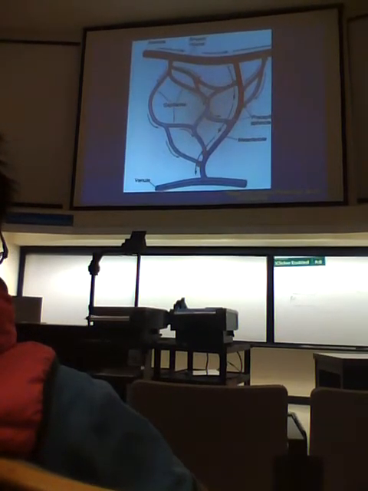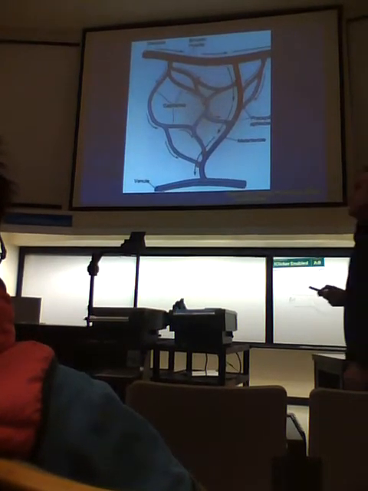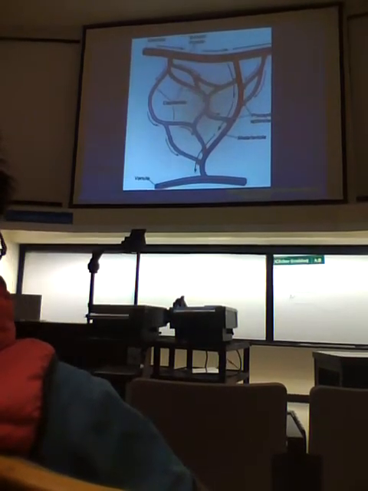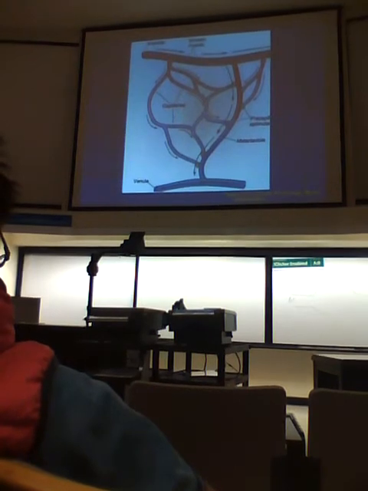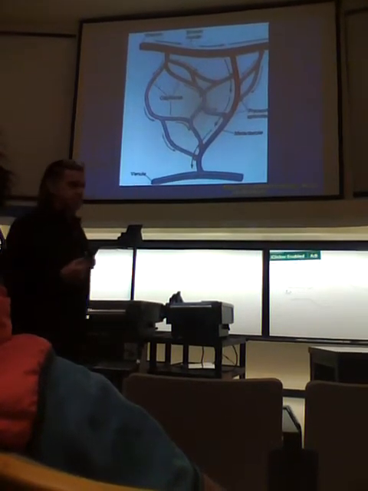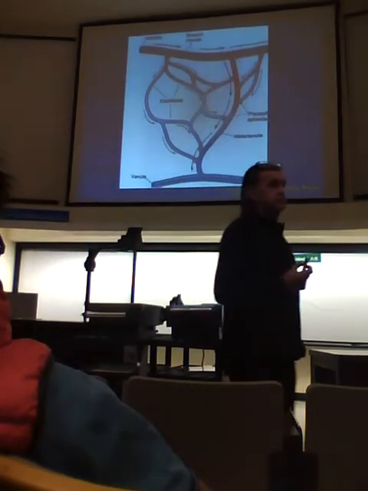So, if you have a car accident and you damage that portion of the medulla, or have a stroke, then the immediate effect is usually a loss of sympathetic tone.